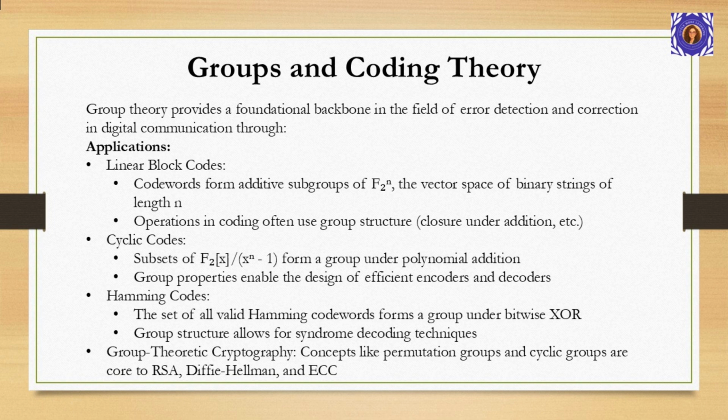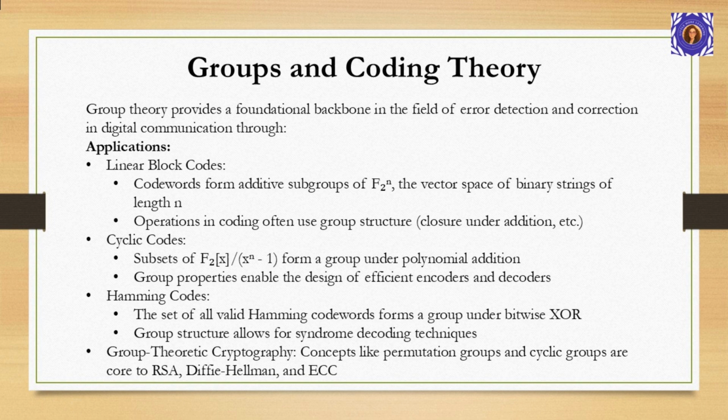In cyclic codes, subsets of F sub 2 of x divided by the quantity x to the power n minus 1 form a group under polynomial addition. Group properties enable the design of efficient encoders and decoders. In Hamming codes, the set of all valid Hamming codewords forms a group under bitwise XOR. Group structure allows for syndrome decoding techniques.